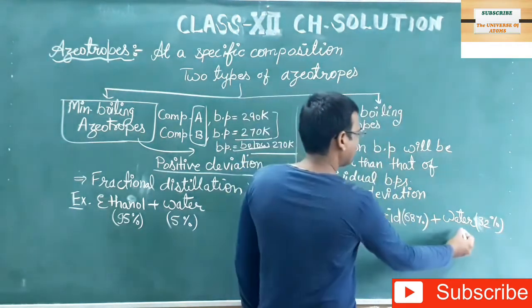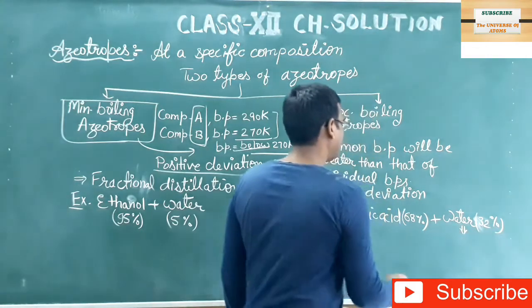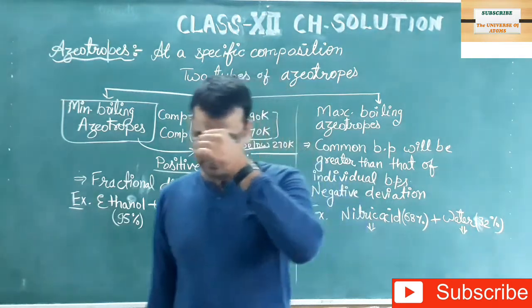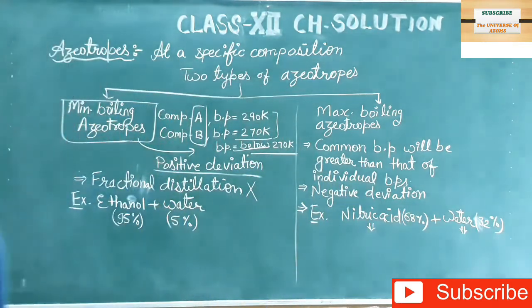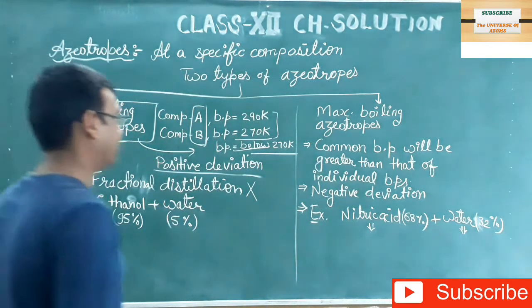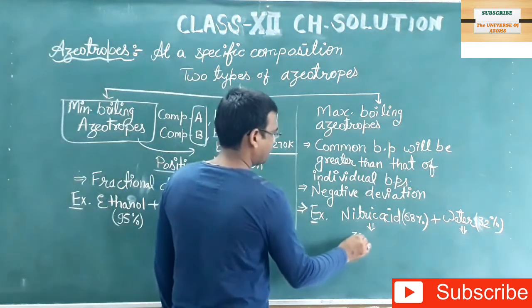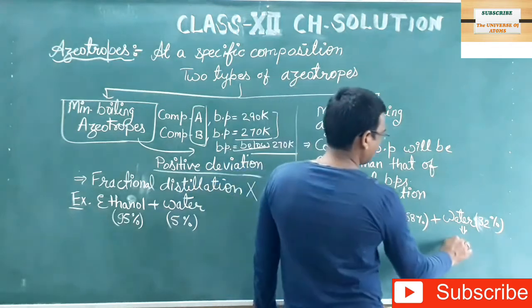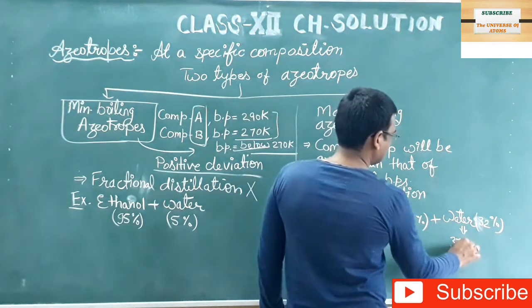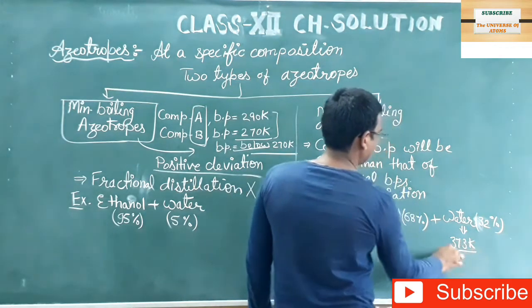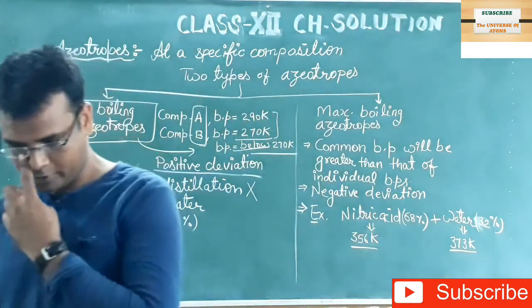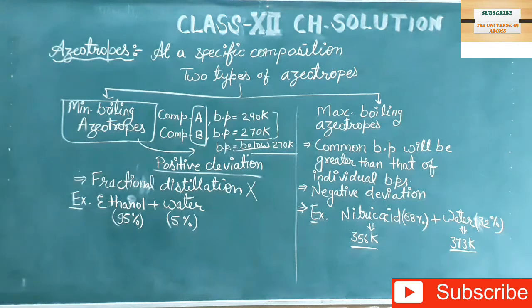Now what is the BP of water, and what is the BP of nitric acid? The boiling point of nitric acid is 356 Kelvin, and the boiling point of water is 373 Kelvin. This is the data about the boiling points of nitric acid and water.